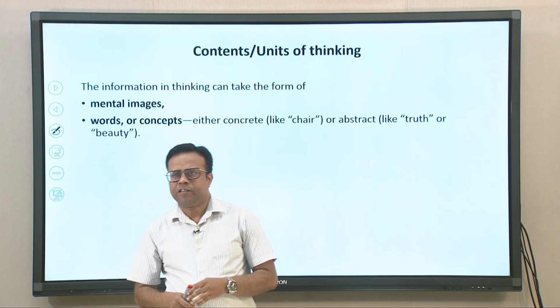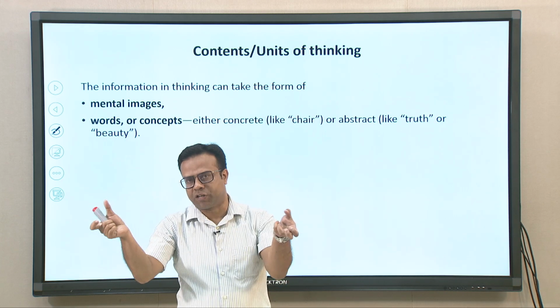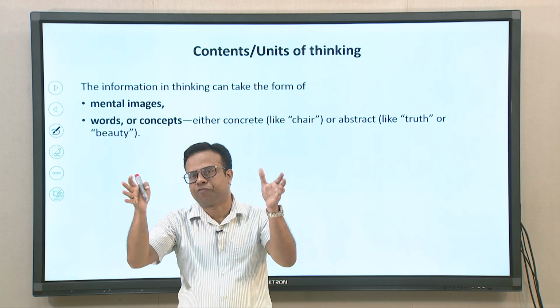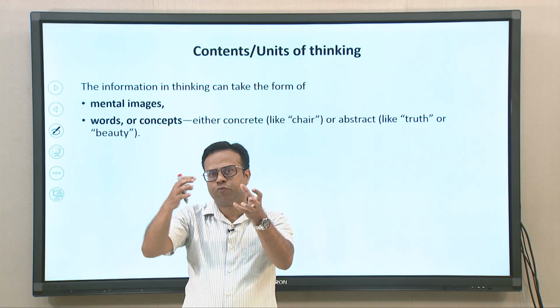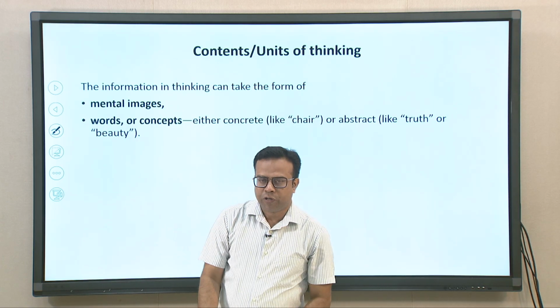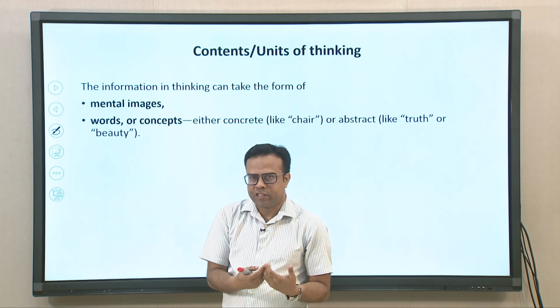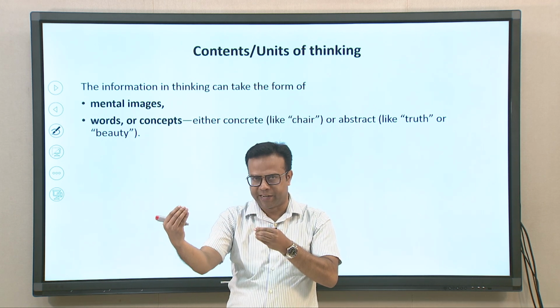Now, as we said, thinking involves representing information. In that sense, we are talking about the contents of thinking. What is the content of thinking? When we think, what is the thing or the content that we manipulate when we think about something? The units or contents of thinking are the basic ingredients of thinking. Then we manipulate those ingredients.